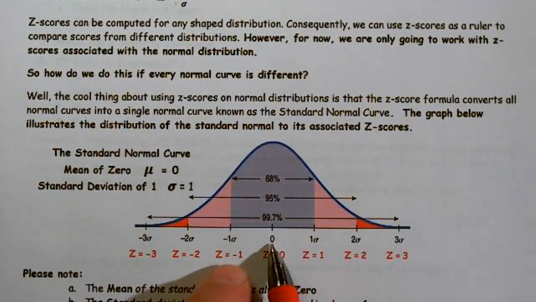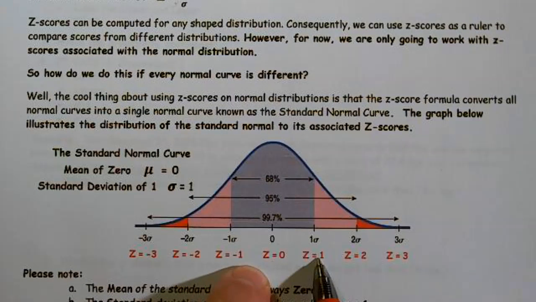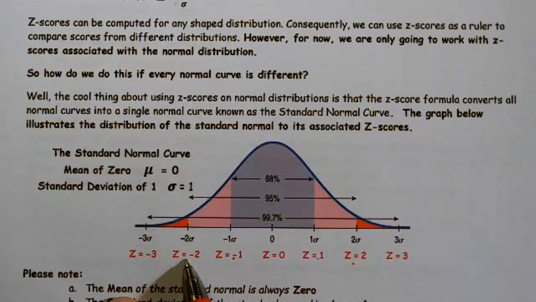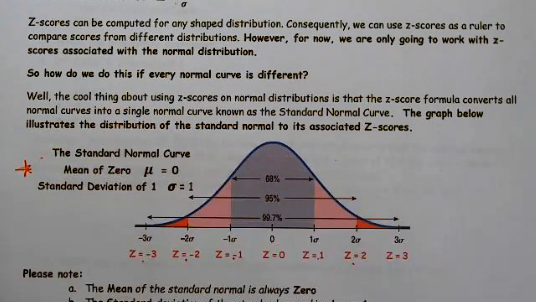So we know the 68% is centered on 0. Well, that means my z-score is 0. 1 standard deviation above, this is 2 standard deviations above, this is 3 standard deviations. Negative z-score, 1 standard deviation below, 2 standard deviations below, 3 standard deviations below. This right here, I just can't emphasize enough.